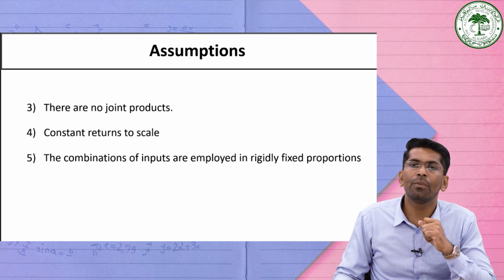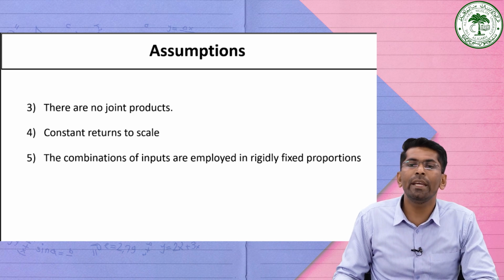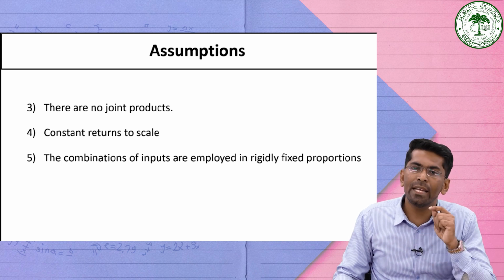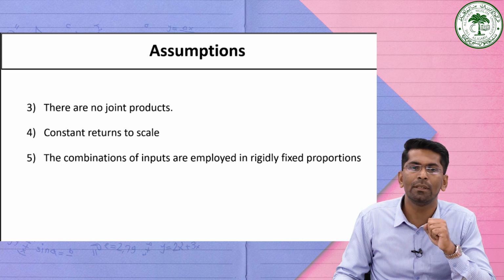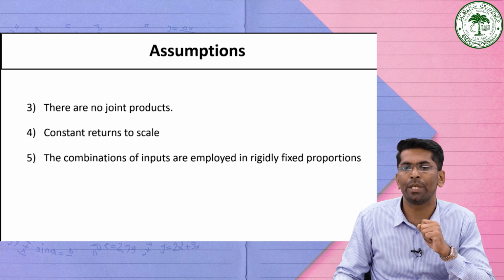In the case of input-output analysis, we have an L-shaped or kinked isoquant. So this means that there is an absence of substitutability of the factors. The inputs are employed in a rigid fixed proportion.